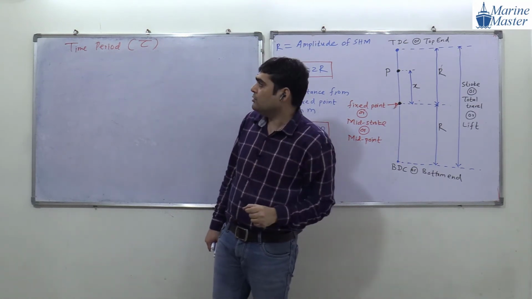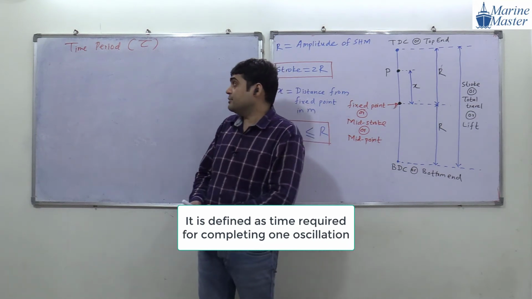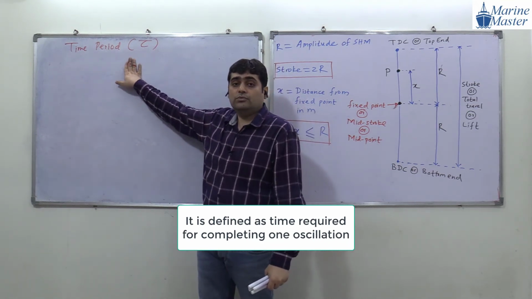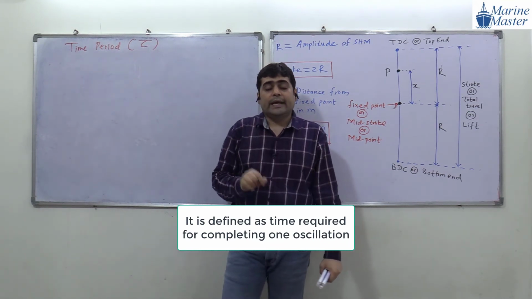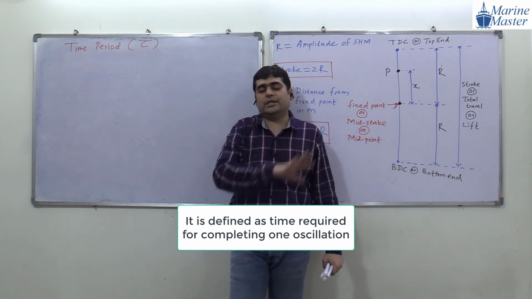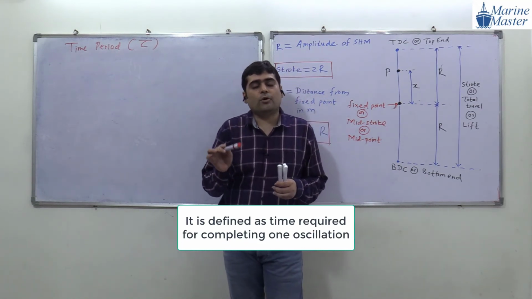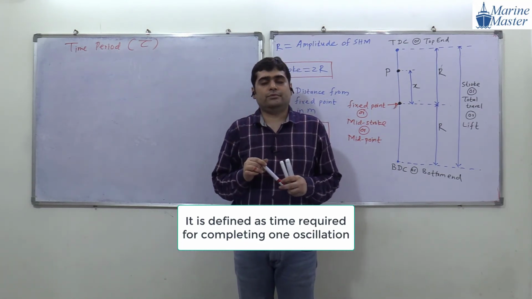Please everyone write it down. Give the heading first of all, time period, tau, and in that write: it is defined as time required for completing one oscillation.